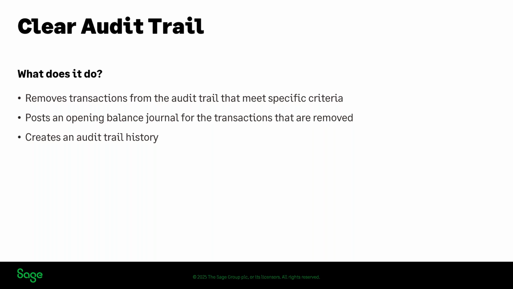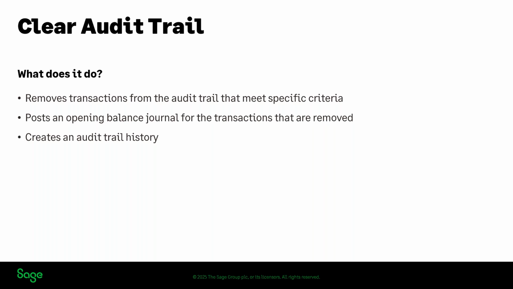So the idea of Clear Audit Trail is that you can remove transactions from your audit trail. When I'm talking about the audit trail, we're talking about your transactions list, where it lists all of the invoices and the bank payments and the receipts and the supplier payments and the credits and your journals. So all of those transactions on your transactions list, that's your audit trail.